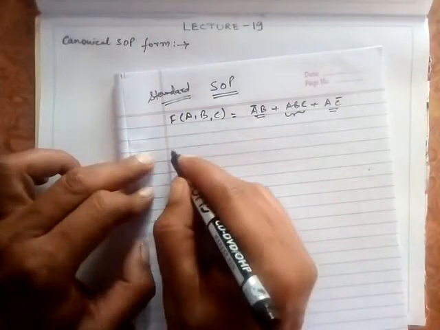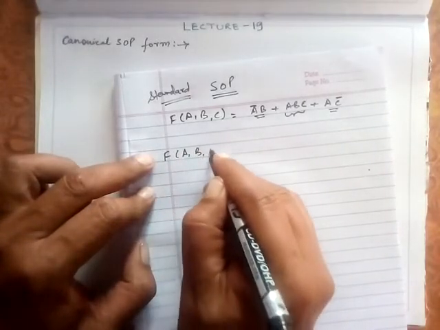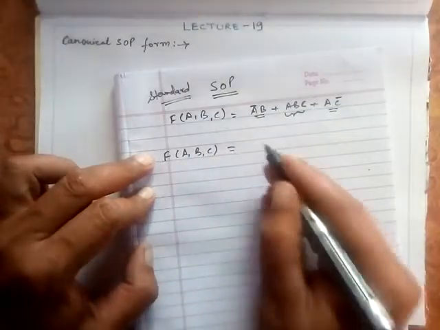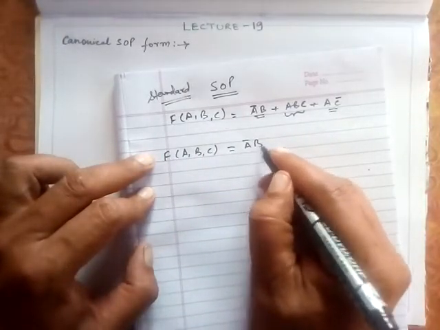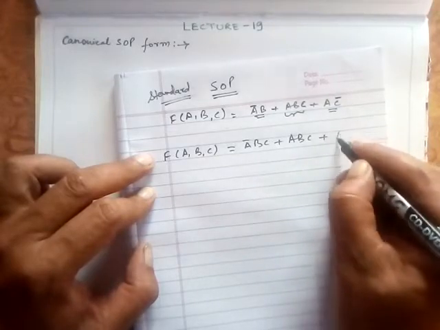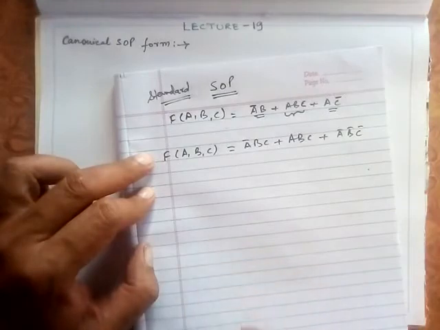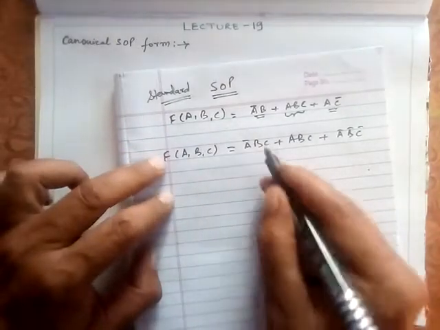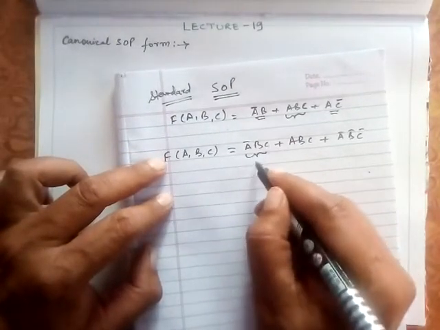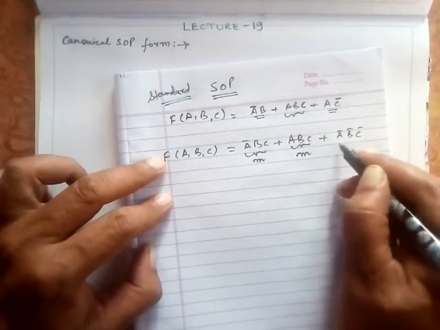On the other hand, let's take another example. Suppose I have another Boolean expression which is again a function of a, b, c, and I say it is equal to a bar b c plus a b c plus say a bar b bar c bar, and there can be any other term also. Now this is a minterm, this is a minterm, this is another minterm.